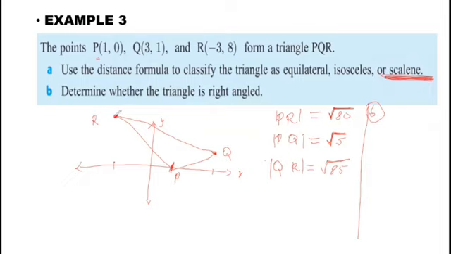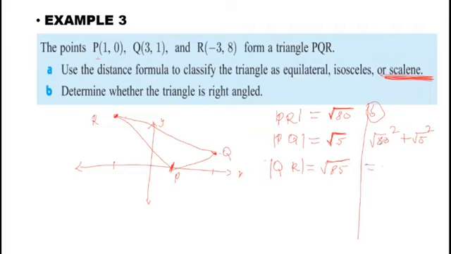So if this is a right angle triangle, then square root of 80 squared plus square root of 5 squared should be the same as square root of 85 squared.